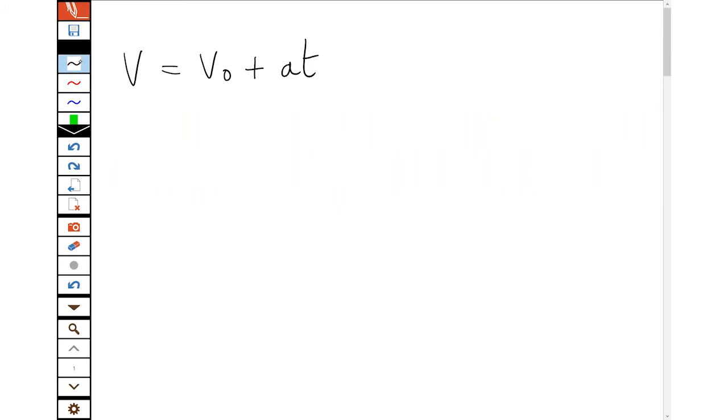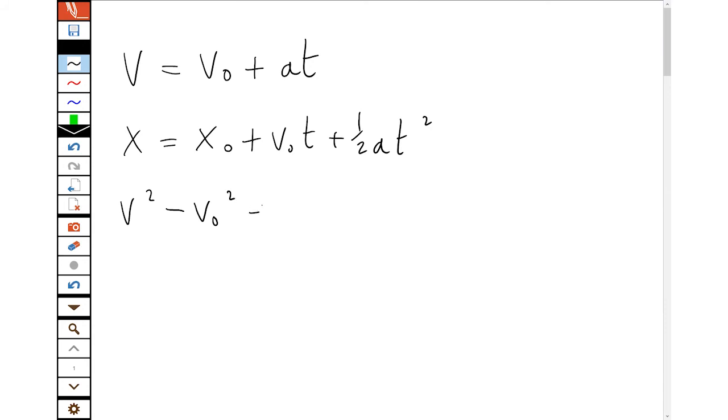The other equations we have to play with: the new position is the old position plus old velocity times time plus a half the acceleration times time squared, and the new velocity squared minus the old velocity squared is twice the acceleration times the change in position. Or sometimes people rearrange that as new velocity squared equals old velocity squared plus twice the acceleration times the change in position.